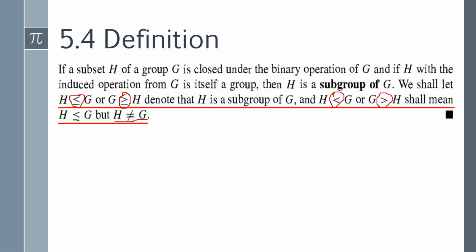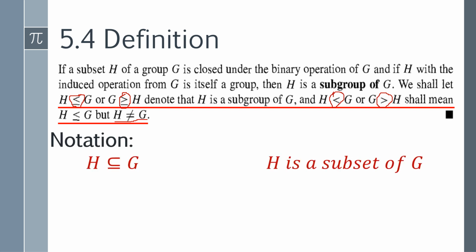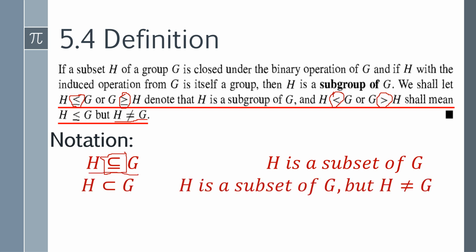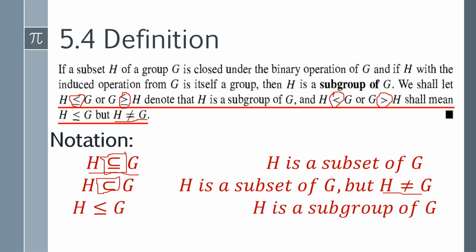I just wanted to review a certain notation from our previous lesson, subset. If we are talking about subset, we can use this symbol or notation, wherein it states that H is a subset of G, or you can write it this way, wherein H should not be equal to G. And here is the symbol of subgroup.